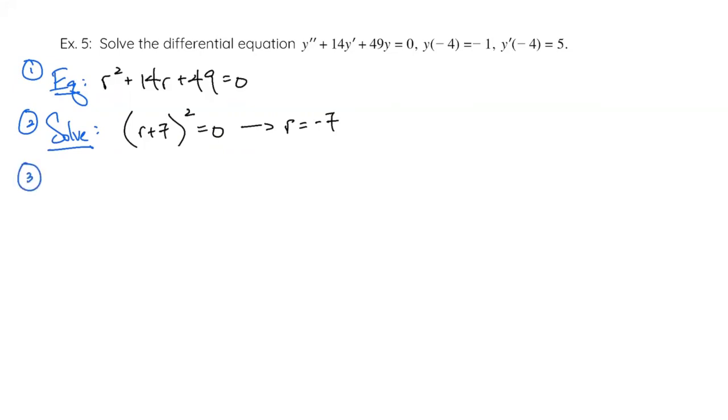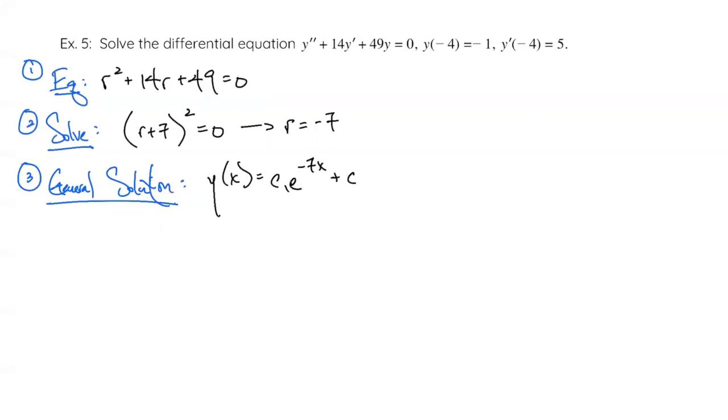Well, what does that mean? That means our general solution will be of the form y of x equals c1 e to the -7x plus c2 x e to the -7x.